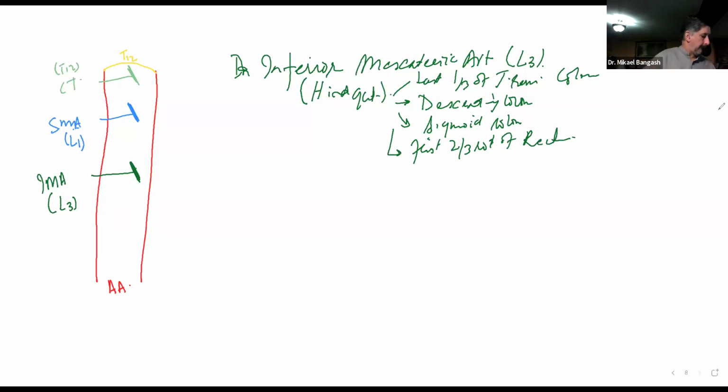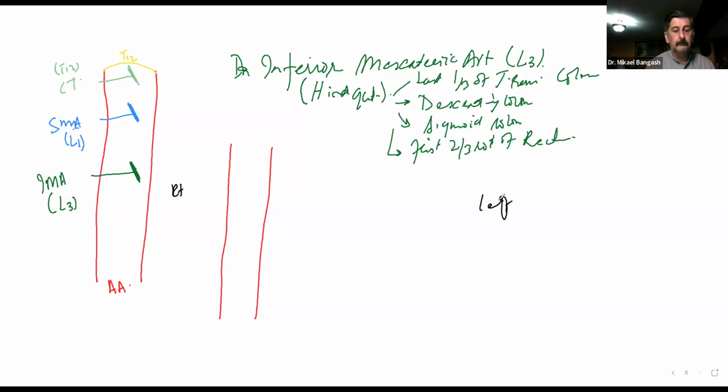Did you guys get that? Okay, so let us just put it this way and say, if this here was your abdominal aorta, just so we are on the same page, this would be the right side, and left side.